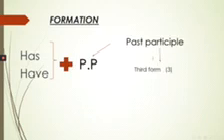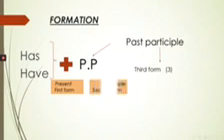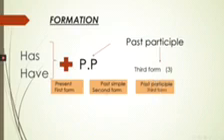Past participle is the third form of the verb. You know that we have the present simple, I mean the first form, the past simple or the second form, and we have the past participle, which is PP. Okay, it's the third form of the verb. Each verb has three forms.